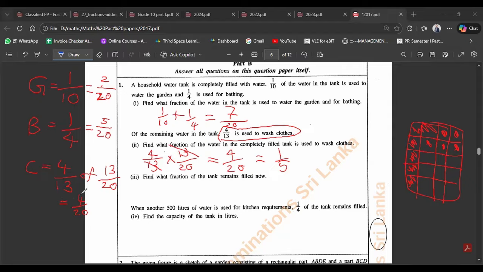For washing clothes, 4 over 20. Altogether, they have used how many? Quickly, quickly. There we go. If 11 over 20 has been used altogether, what would be the remainder?